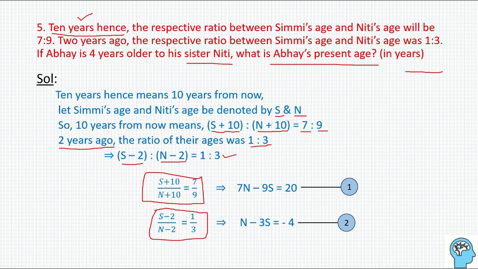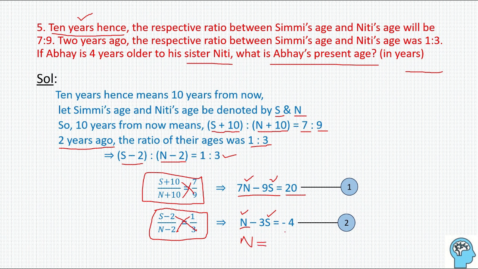Just by cross multiplication, you get an equation in two variables, N and S. Cross multiplying the other one, you get another equation in N and S. These are very small equations, nothing big.